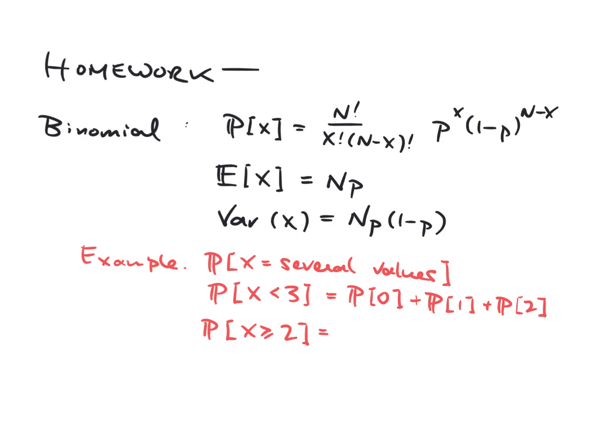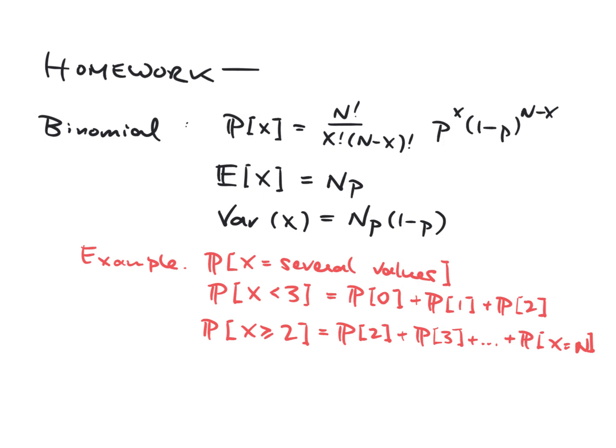Well, in principle, the way to do that is find the probability x is 2, and then add to that the probability x is equal to 3, and keep going until you get to the probability that x is equal to n, the last possible value. That's one way you can do it.